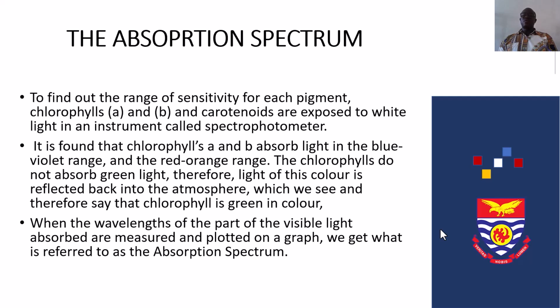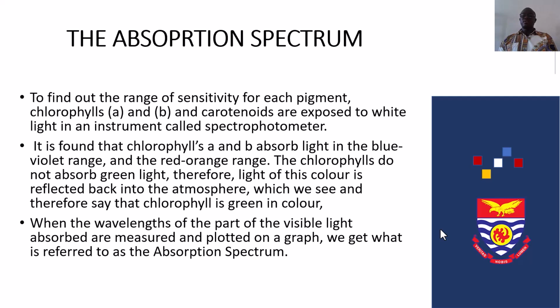It is found that chlorophylls A and B absorb light in the blue-violet range and the red-orange range. The chlorophylls do not absorb green light. Therefore, light of this color is reflected back into the atmosphere, which we see, and therefore we see that chlorophyll is green in color.